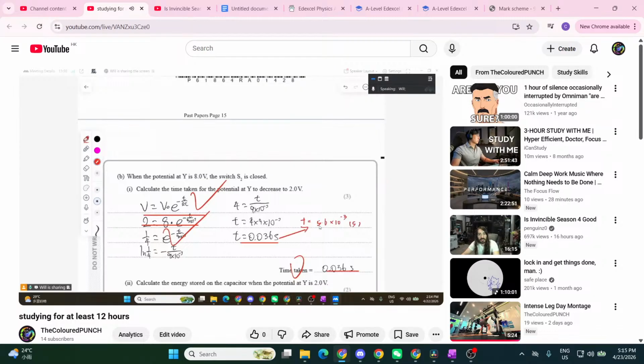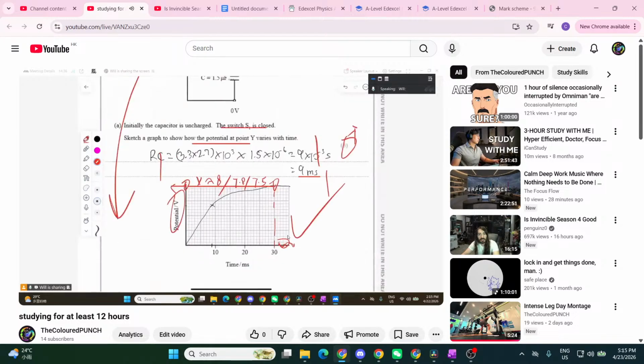Why is the answer 5.6, not 3.6 milliseconds? The RC is 9, right? But the topic chooses an RC that is not 9, approximately.